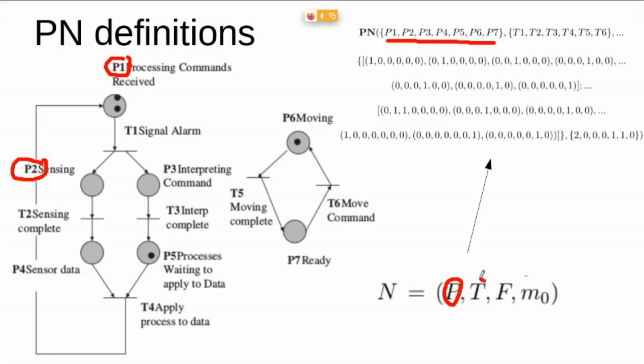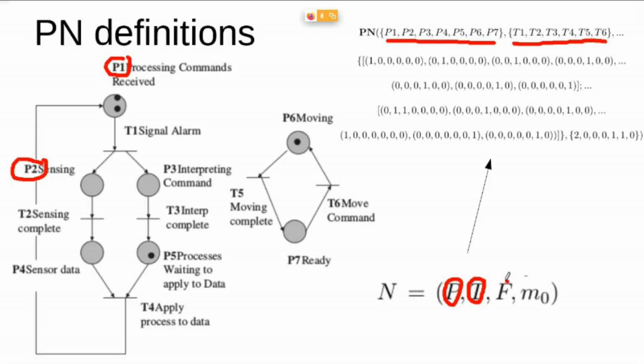Then we have the list of transitions. So first conditions, and then events, transitions, from T1 to T6. As you can see here, I use curly brackets in order to tell the reader that this is a list of places, and this is a list of transitions.